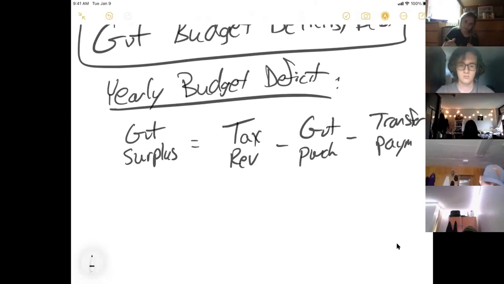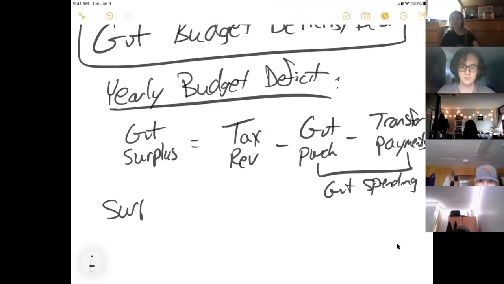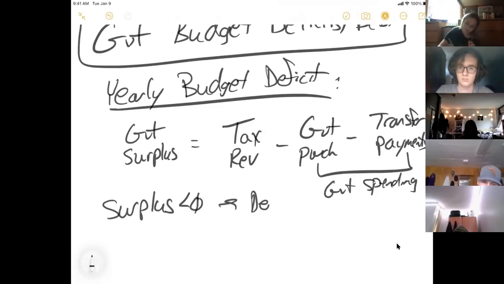Remember, we call these things together government spending. So the government surplus is really the difference between tax revenue and government spending. And of course, when the surplus is less than zero, which it is in the US, we call that a deficit.